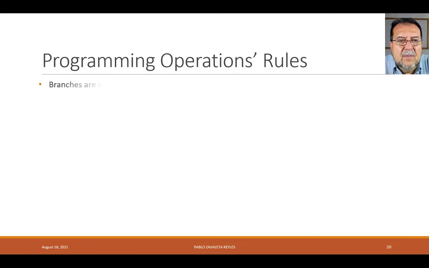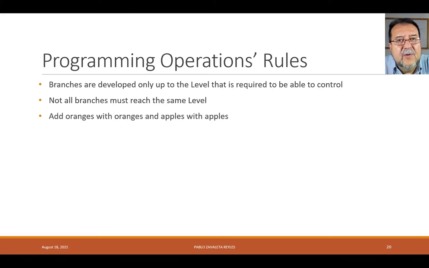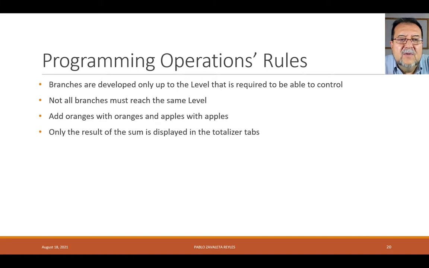So, branches are developed only to the level that is required to be able to control. Not all branches reach the same level of disaggregation. Always, when you're adding, add oranges with oranges and apples with apples. You learned that in primary school. And only the result of the sum is displayed in the totalizer tabs.